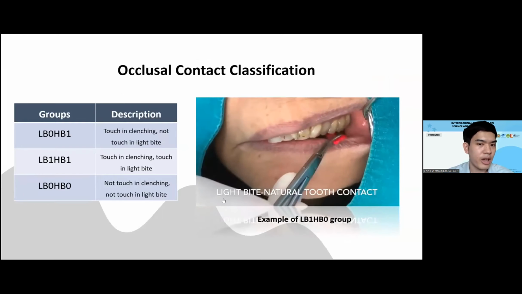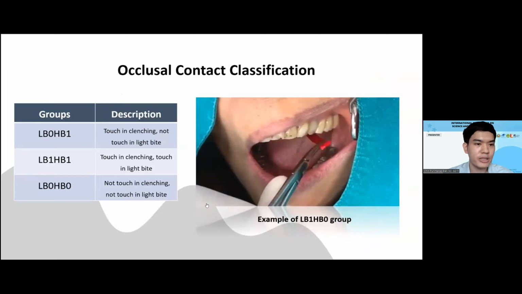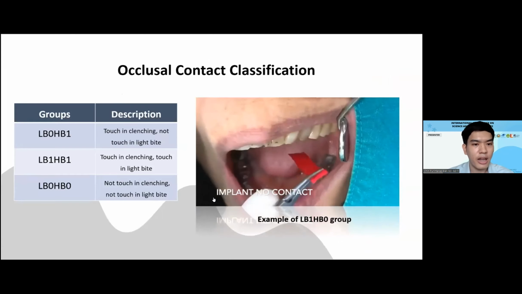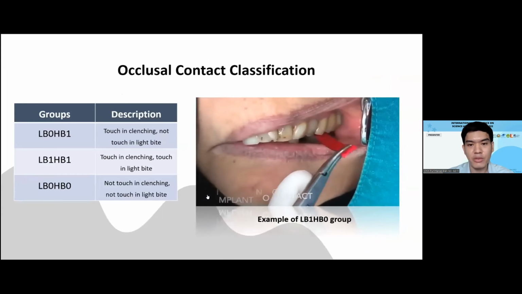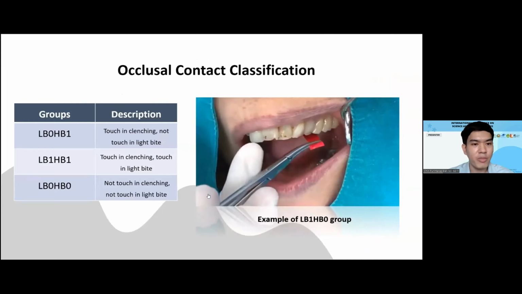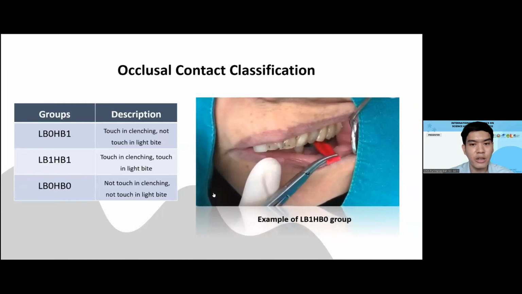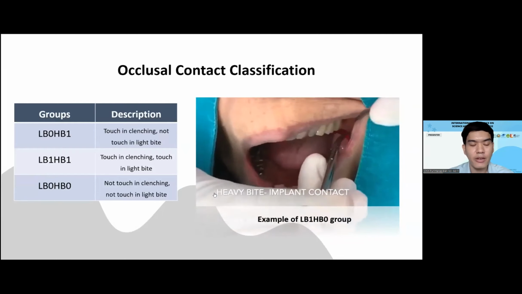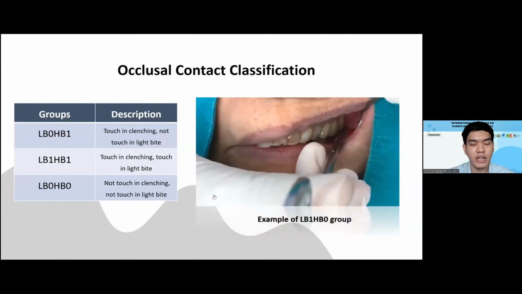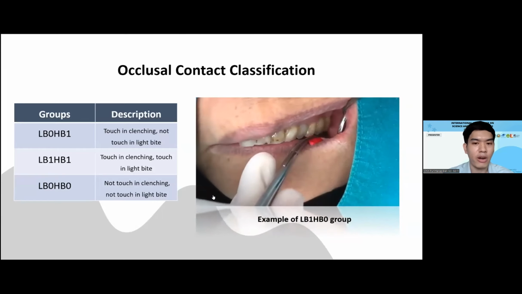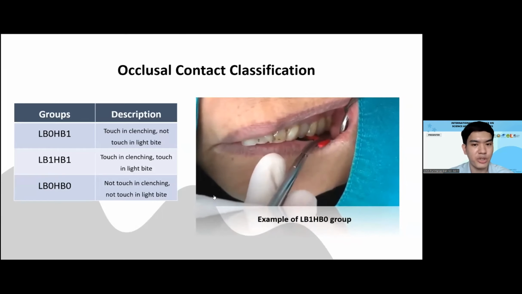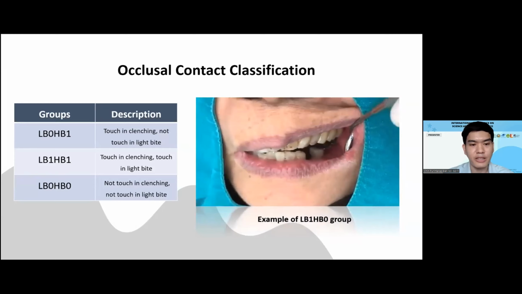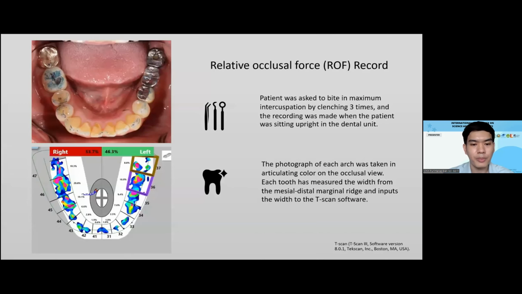The first group is light bite not touching when using shim stock, and heavy bite touching. The second group is touching in both light bite and heavy bite. The third group is not touching at all in heavy bite or light bite using the shim stock as the measurement. This is an example of the LB0 and HB1 group.